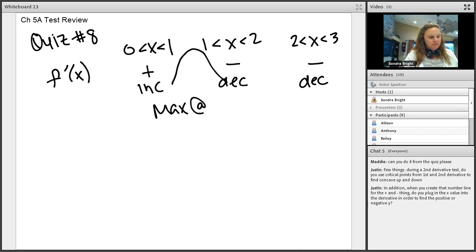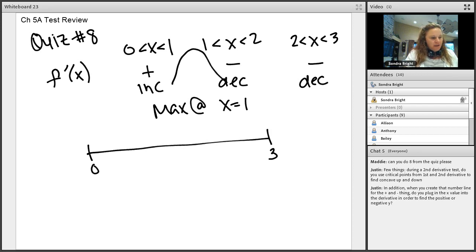at x equals 1. And then we've got endpoints, right? And so, okay, here, let's do this. I'll do a number line instead of showing it like that. Let's go with, we've got an endpoint of 0 and another endpoint at 3. And then 1 and 2.